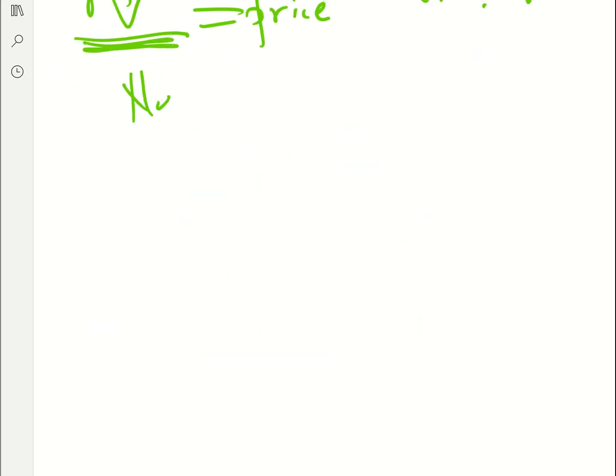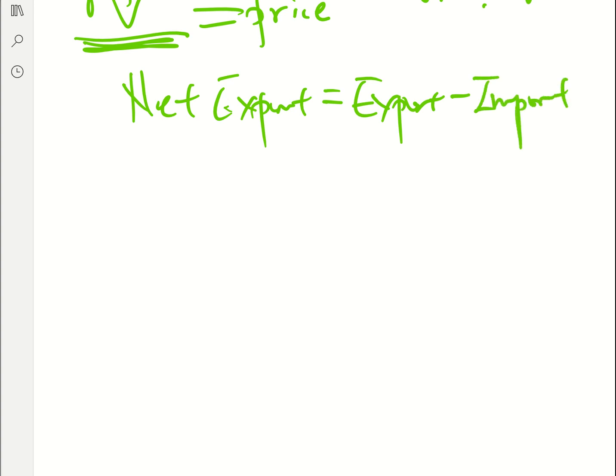Net export, by the way, this is from chapter 10, is your export minus import, right? That's your net export. So for this equation here, we're going to say that your NCO, the net capital outflow, is equal to the net export of the economy.